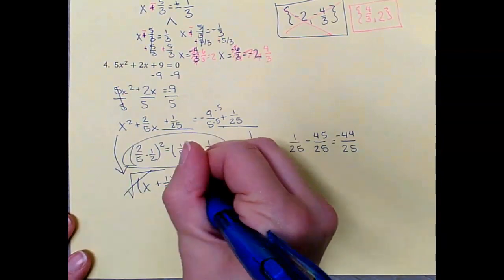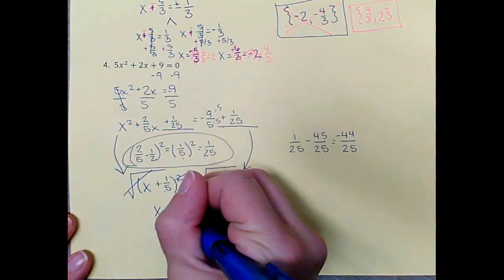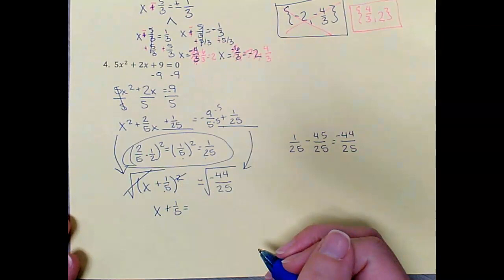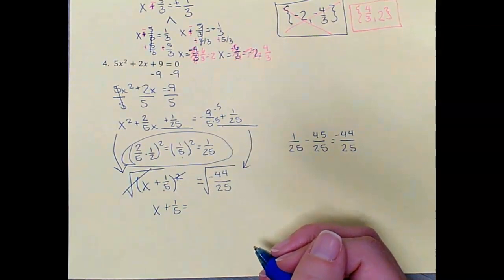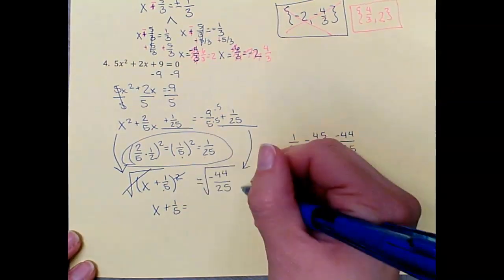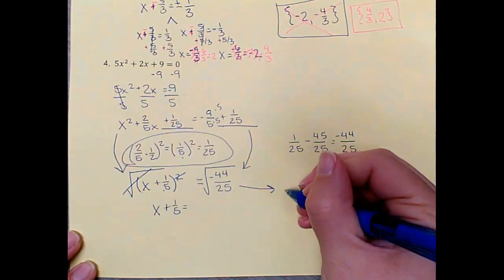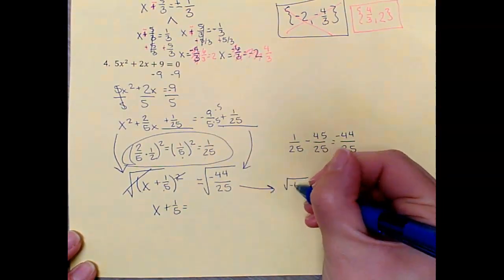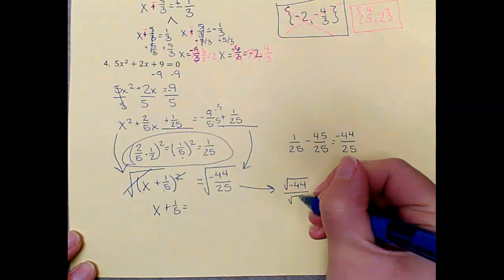These will cancel out. What's left is x plus 1/5 equals, and what it equals is kind of got to be simplified over here. So we have the square root of -44 over the square root of 25.